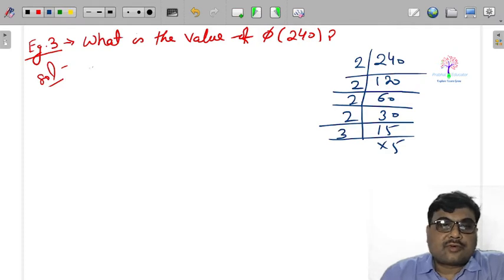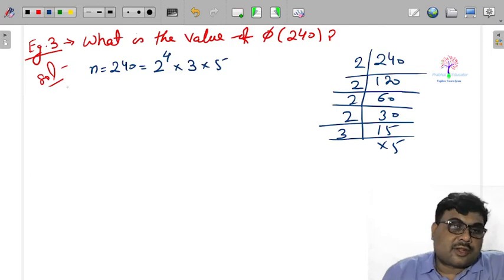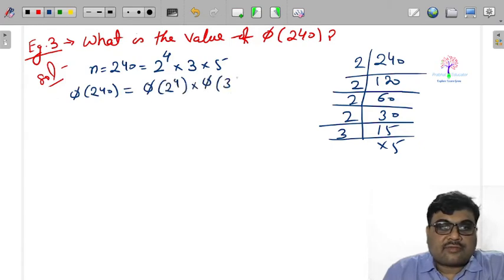So the factorization of n equals 240 is 2 to the power 4 multiplied by 3 multiplied by 5. So how will we write this? Phi of 240 is phi of 2 to the power 4 multiplied by phi of 3 multiplied by phi of 5.